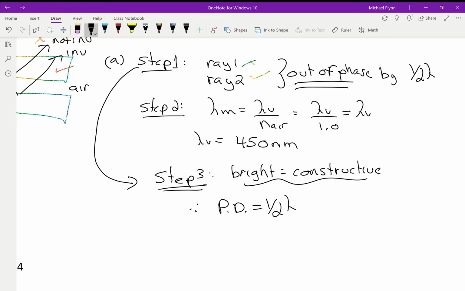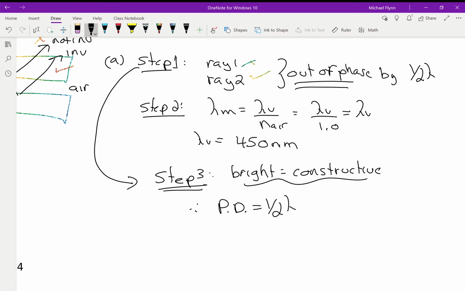If you're a source of waves and you're emitting a crest whenever I'm emitting a trough, we're half a wave out of step. To shift them back into step to get constructive interference, you have to shift them by half a wavelength. If they were in phase in step 1, then to get constructive interference, I would have a full wavelength, not half. That's how you make that decision.